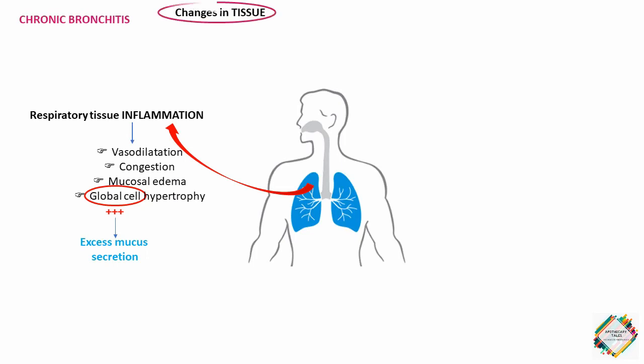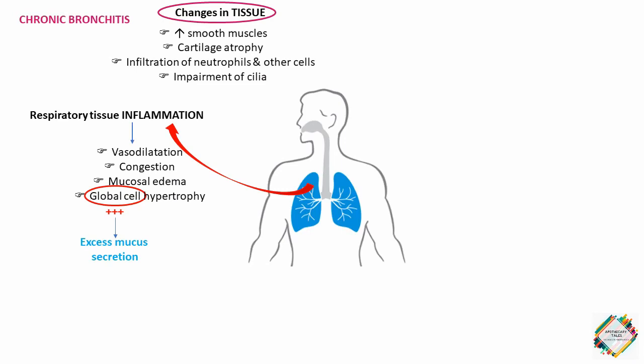The changes in tissue that can be observed are increased smooth muscle, cartilage atrophy, infiltration of neutrophils and other cells, and impairment of cilia. What is the role of the cilia? It is mainly to keep the airways clear of mucus and dirt. These factors lead to the airways becoming blocked by thick, tenacious mucus secretions, which trigger a productive cough.